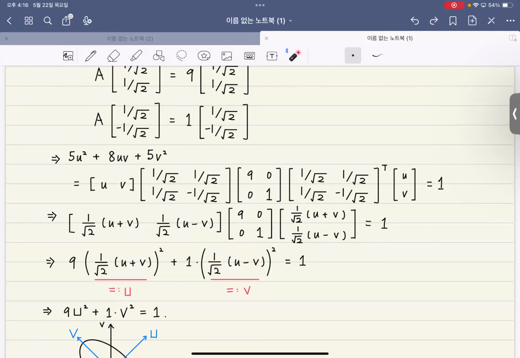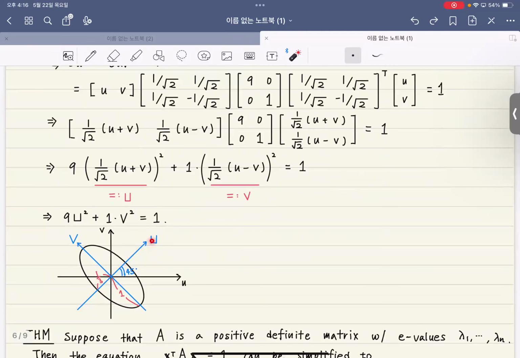Large v equals 0 implies small u is the same as small v. So this is my large u-axis in the small u and small v plane.